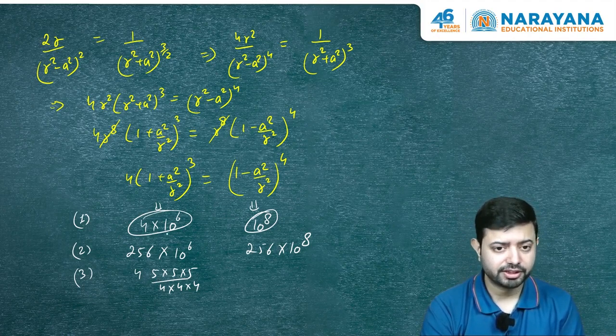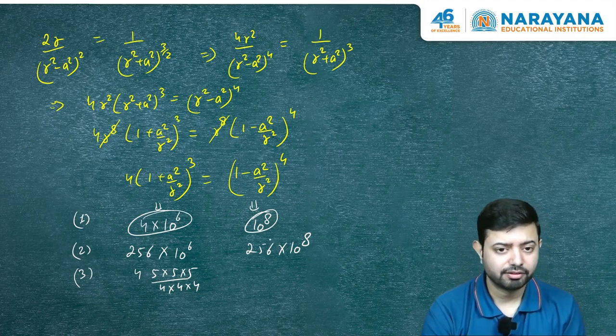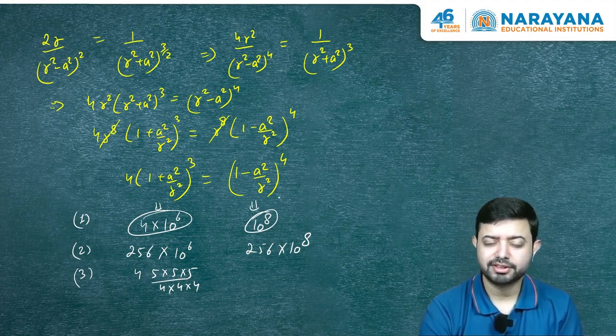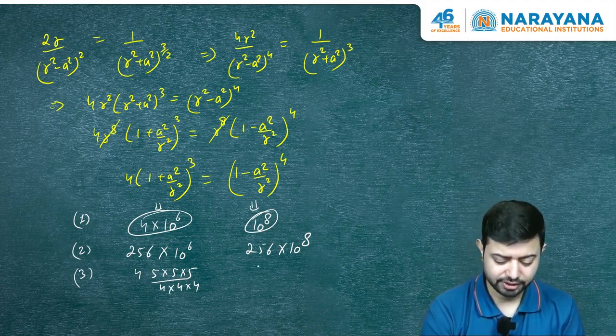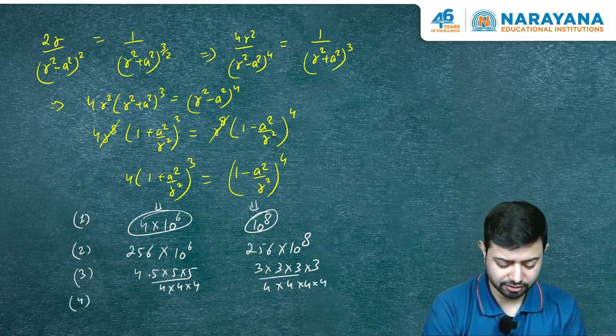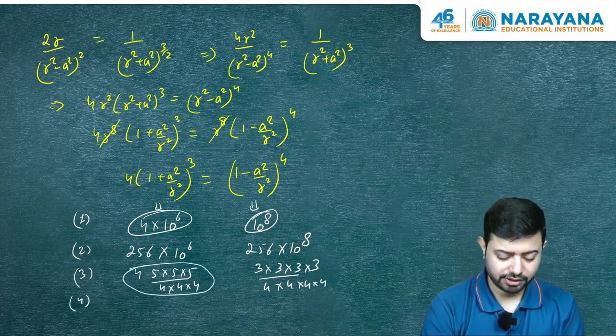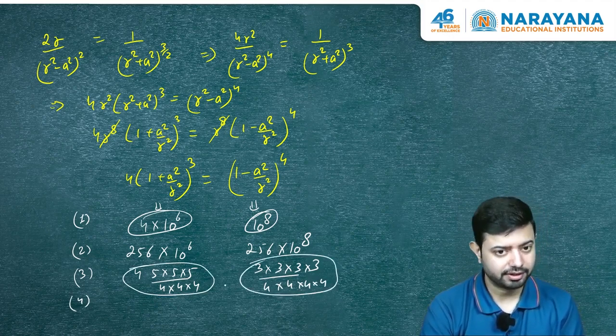A by R you have taken half, A by R squared is 1 by 4, 1 minus 1 by 4 is 3 by 4, right. So, therefore, it will be 3 into 3 into 3 into 3 divided by 4 times. Similarly, look at the last option. I think this is also not matching up. This is something going more than 1 and this is less than 1.